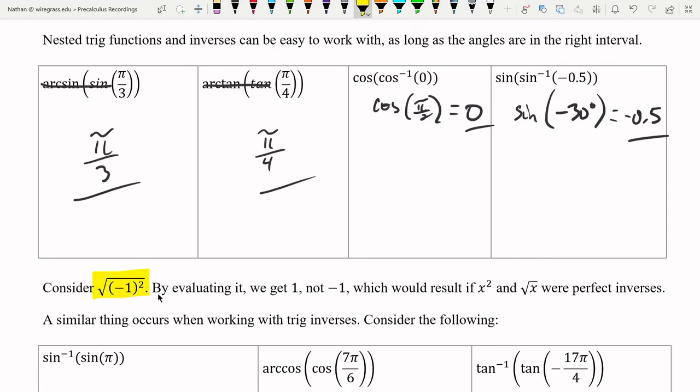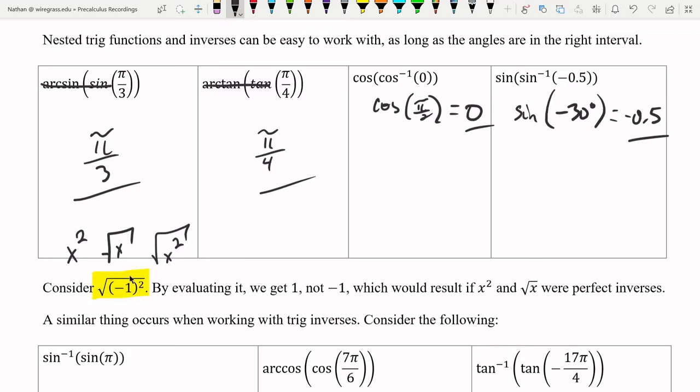Now let's consider quickly this case here. We have the square root of -1 squared. Think of it like we have the function x squared and, quote unquote, its inverse, the square root. So I've nested the two together: the square root of x squared. In this case, it should just cancel out nicely, but it doesn't because these are not proper inverses.